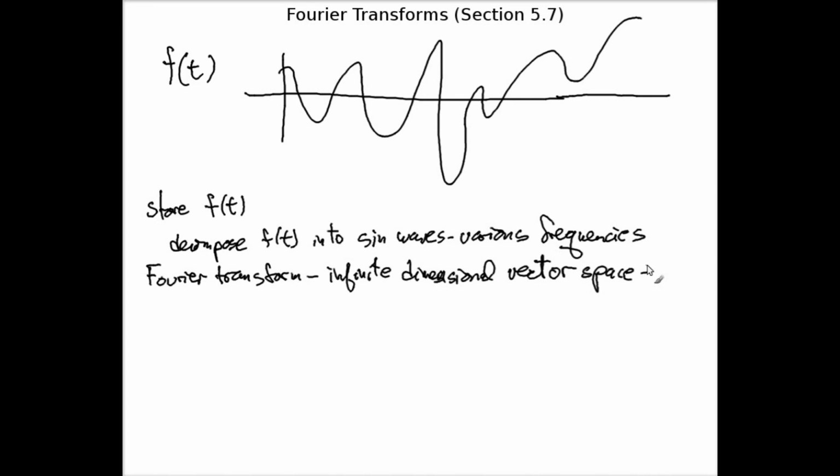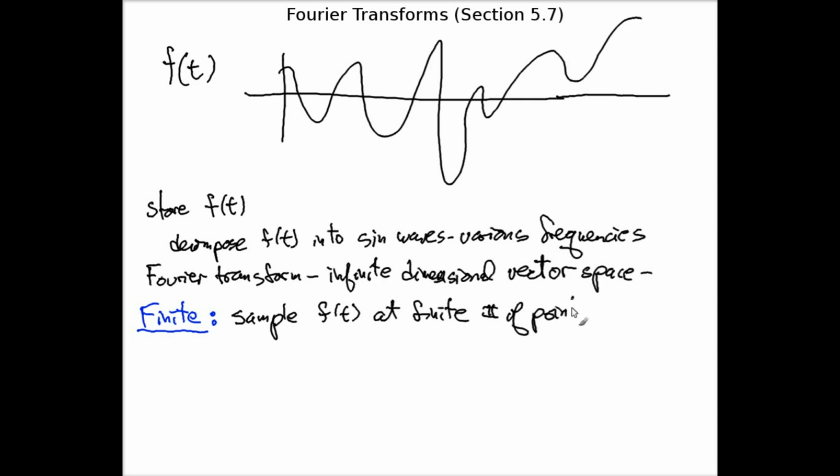And so it's a little bit outside the kinds of things that we've been talking about, but we're going to make it finite, and in practice it's finite because you only sample the function at a finite number of points. So I assume you know what I mean by that, which is that you only save the value of the function at some equally spaced collection of points.